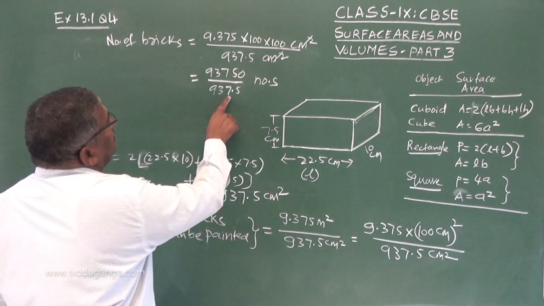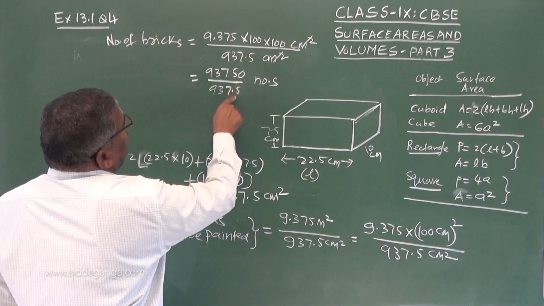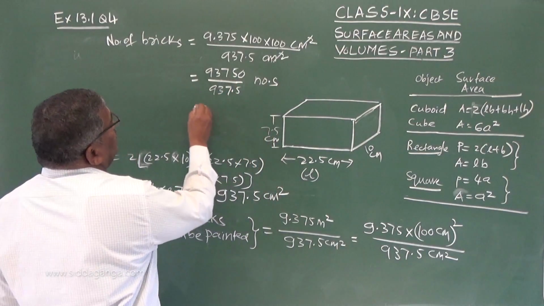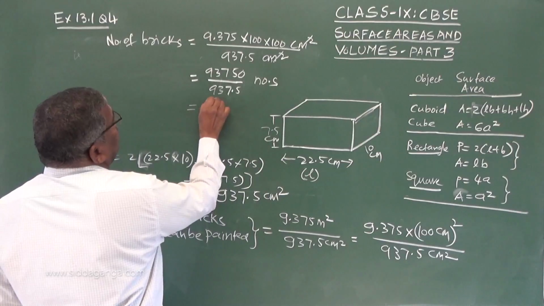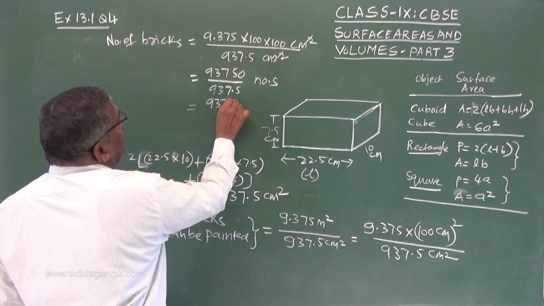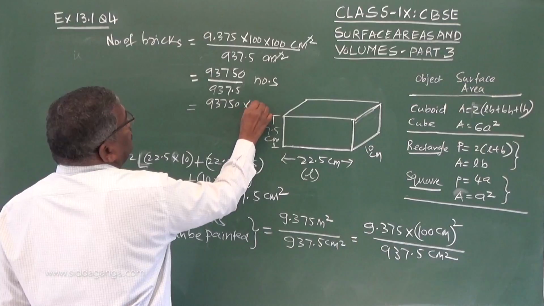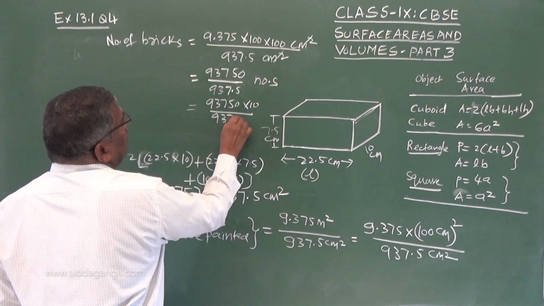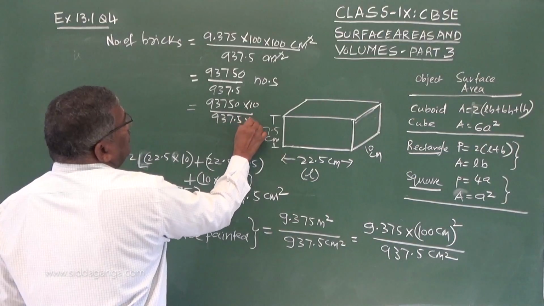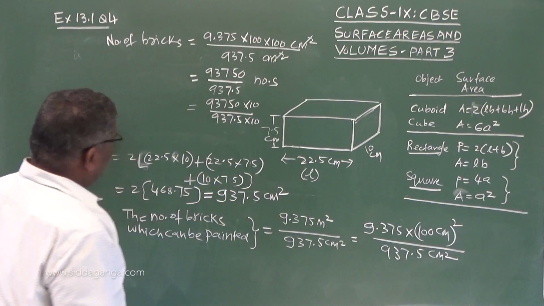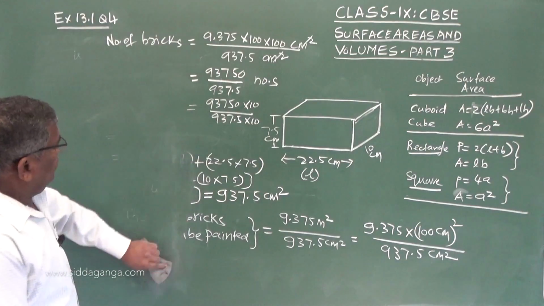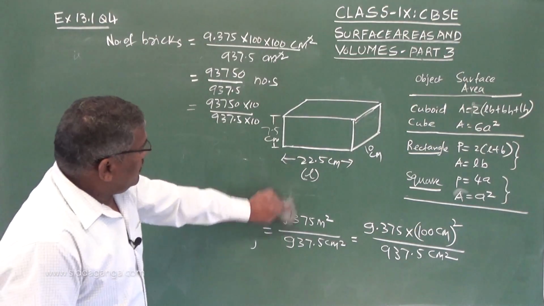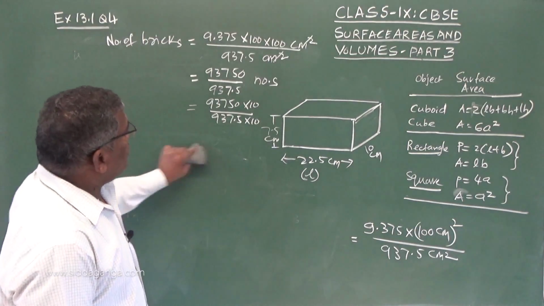So you multiply and divide by 10 again: 93750 into 10 divided by 937.5 into 10. For easy calculations, you can proceed like this.